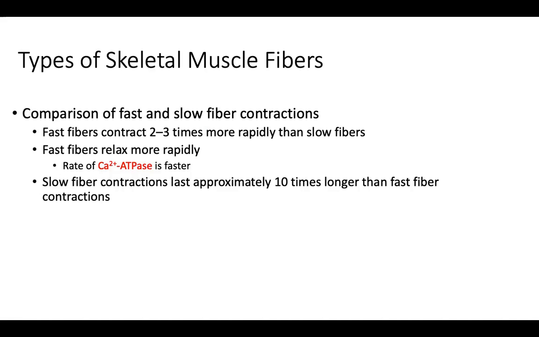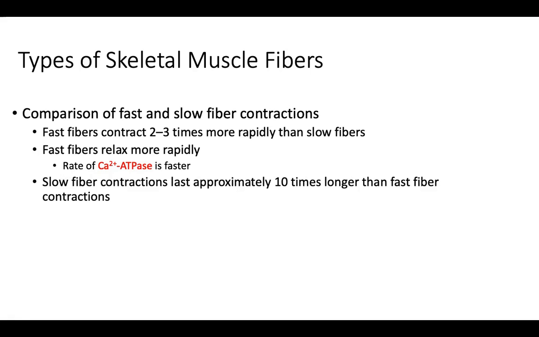It takes 10 times longer, so a fast fiber has already done 3, 4 times the amount of contractions because the slow fiber took so long to complete a single transaction, okay?